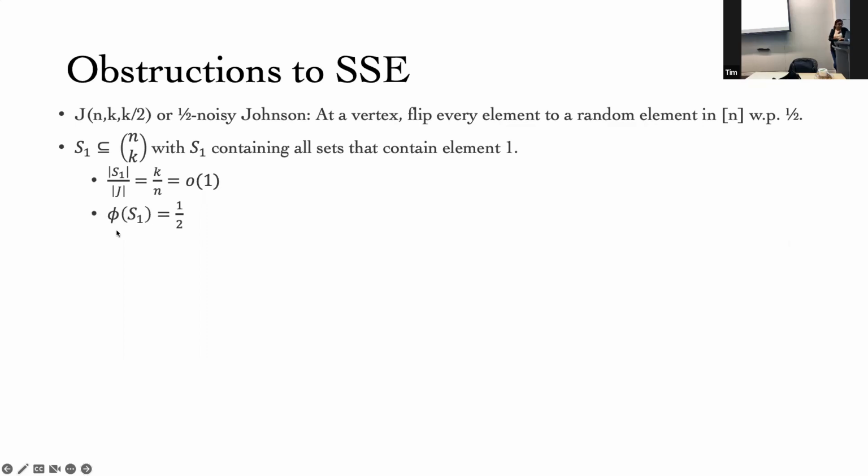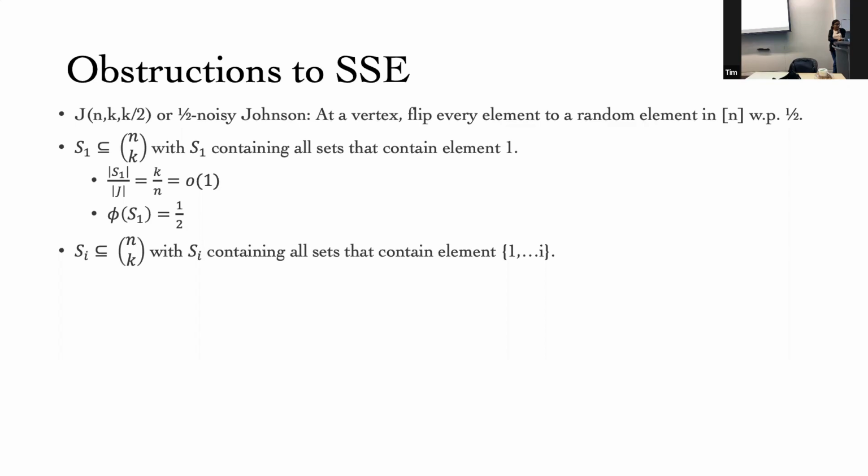But now we can quickly see that the expansion of S1 is exactly half. Because the only way you can go out of S1 is if you flip the element 1, and that is flipped with probability half.